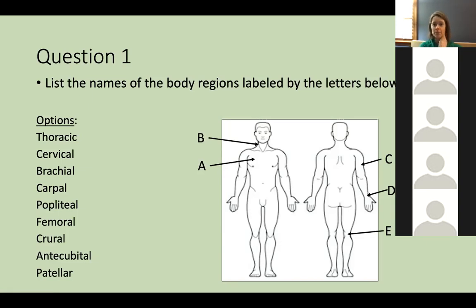This is from Lab 1, where you had to name the different regions of the body. That was one of the first things we did in lab. Here, I could go ahead and answer them for you as a review. For something like this, I'll give you a word bank because there's so many different options.